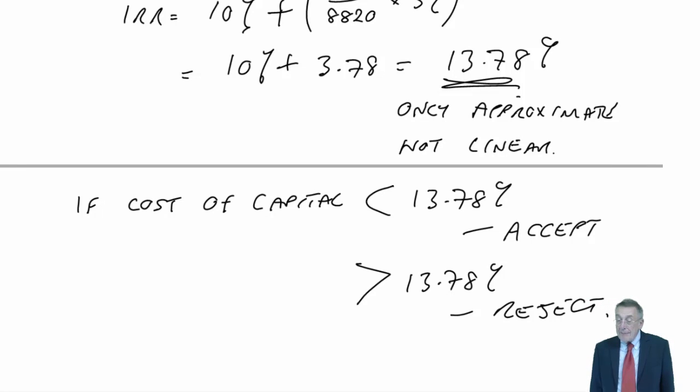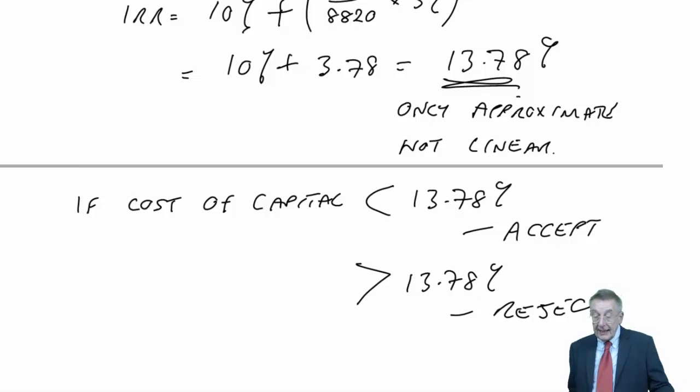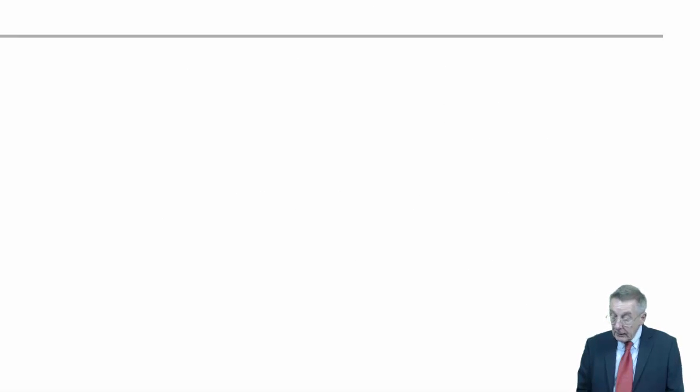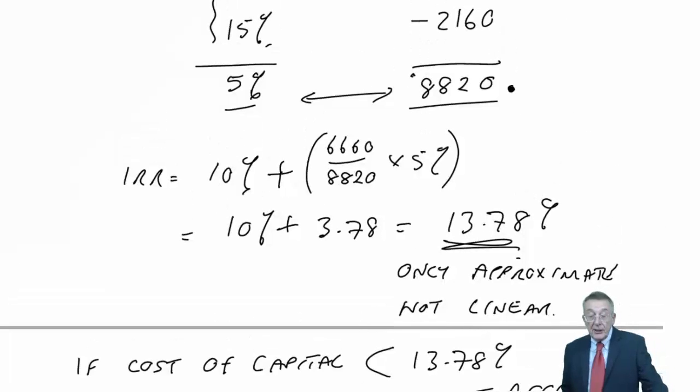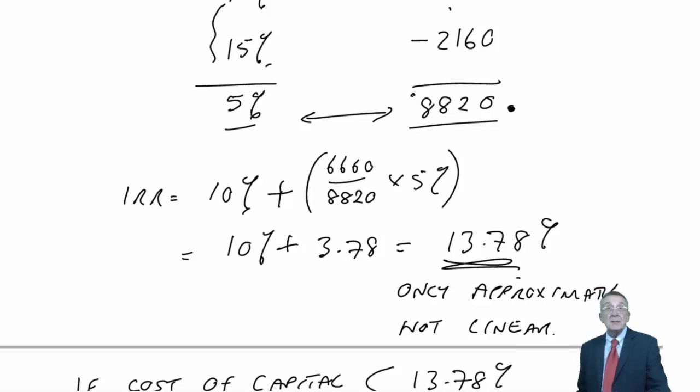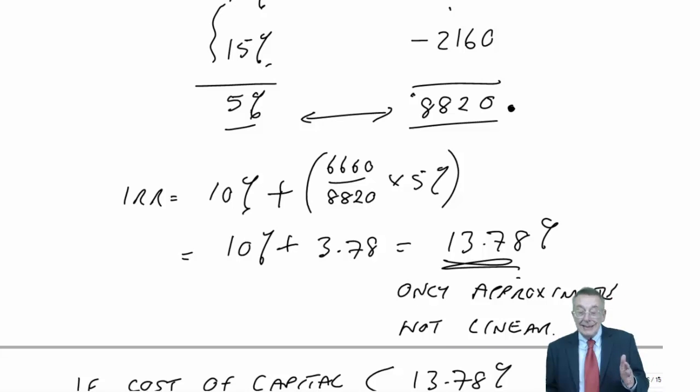And as I said, we never draw graphs or anything. You calculate it by making 2 guesses and approximating between them. Which 2 rates you use doesn't matter. If the exam tells you, as my example did, to use 10% and 15%, then obviously you do. If they don't tell you, then any two guesses will do.